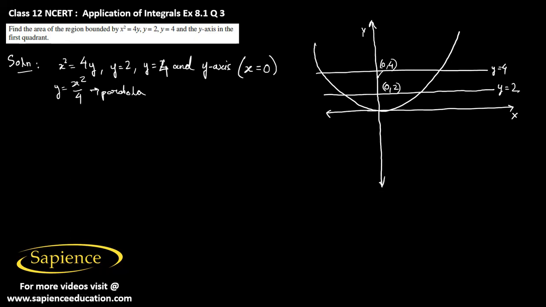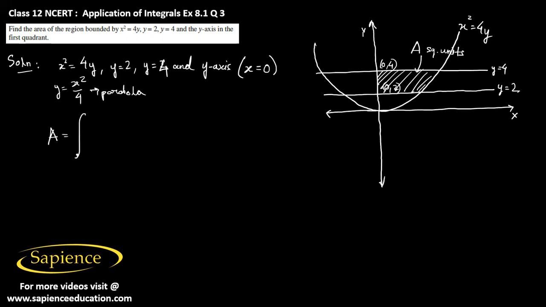It means we need to find only this part; the area of this part we'll find. Let's say the area of this is A square units. And the equation of this graph is x square equals 4y. So how to find A?